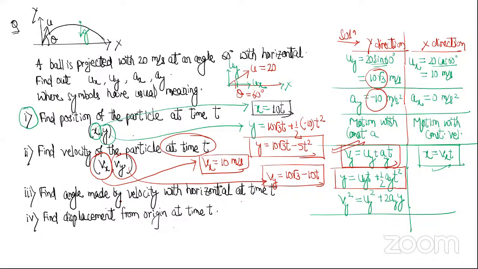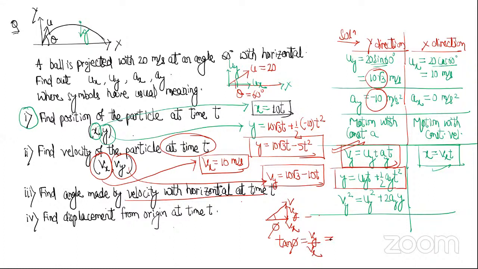Next is asking the angle made by the velocity with the x direction. That means this is the velocity, let's say. Then how much angle is it making with the x direction? This angle is phi. Simple. This v has some vx and some vy. So tan phi will be how much? Vy by vx, isn't it?